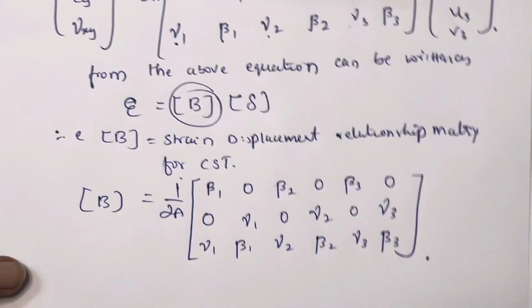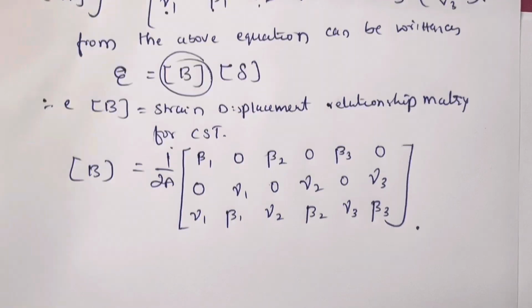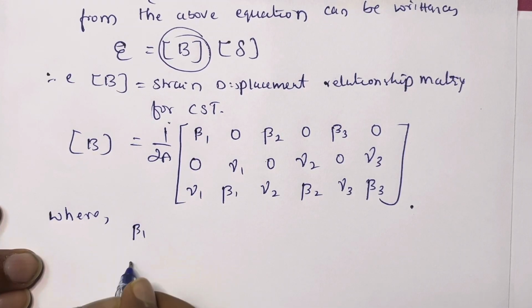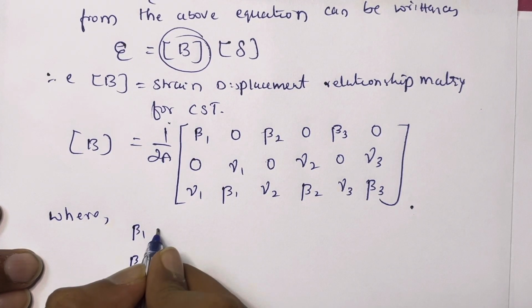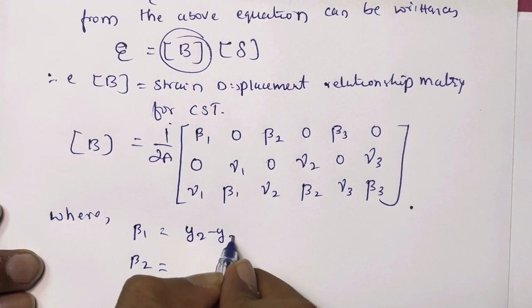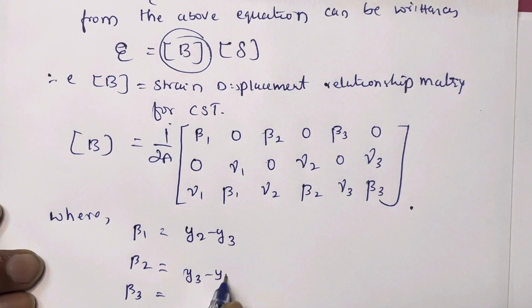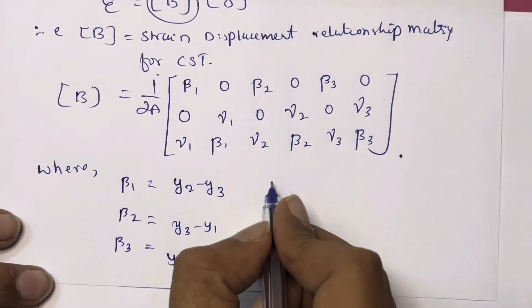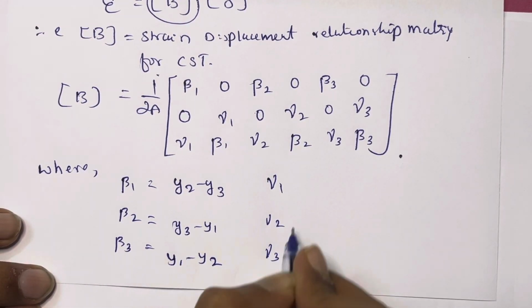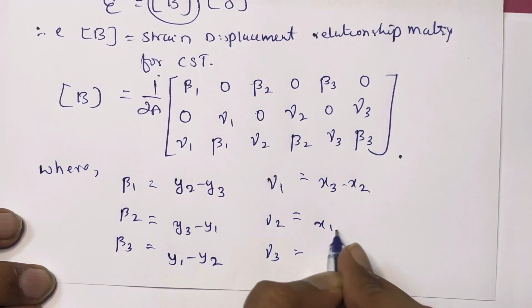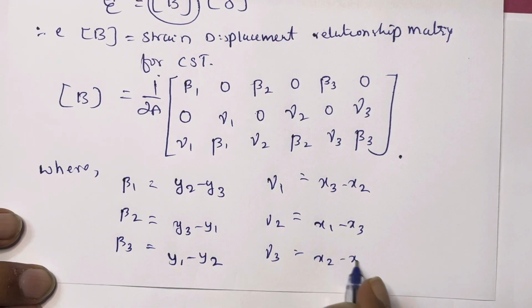Where beta 1, beta 2, beta 3 are y2 minus y3, y3 minus y1, y1 minus y2, and similarly gamma 1, gamma 2, gamma 3 are x3 minus x2, x1 minus x3, x2 minus x1.